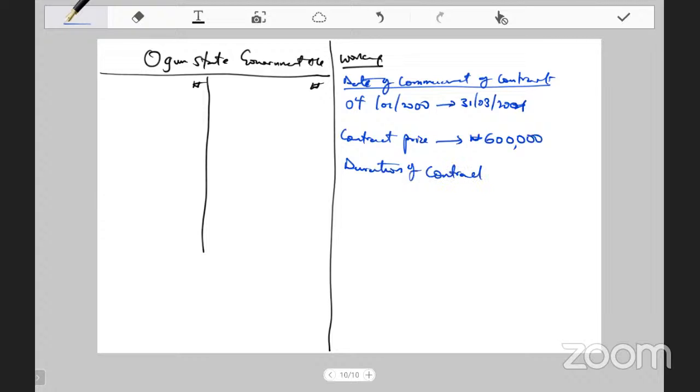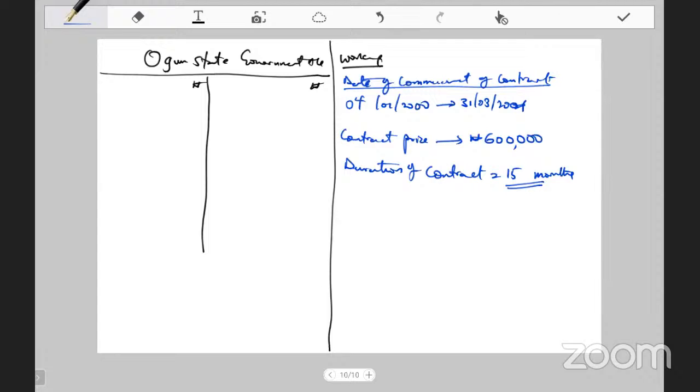How many months will that contract be done? From January to next year, March. How many months is that, class? 15 months. So I have the 15 months. You will see why this 15 months is very important when we move.